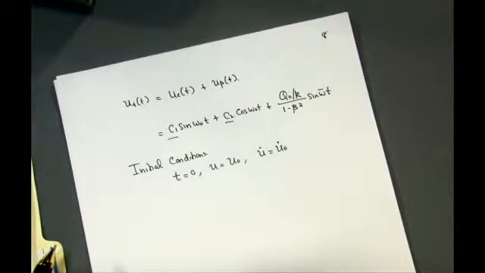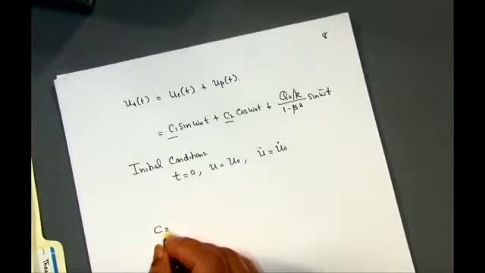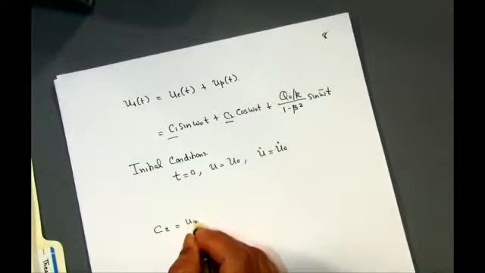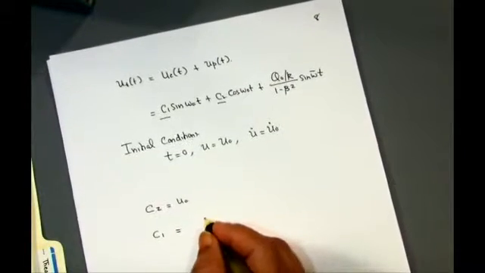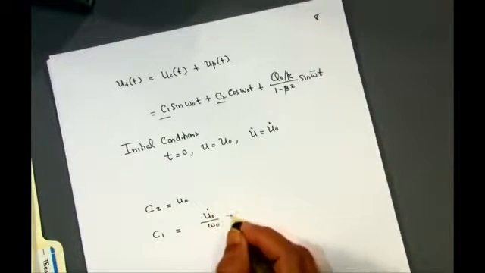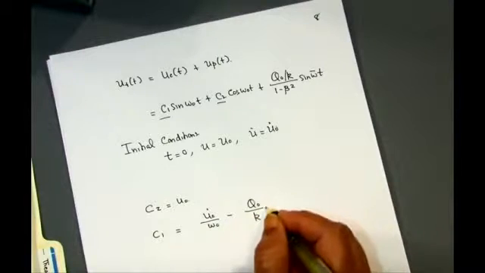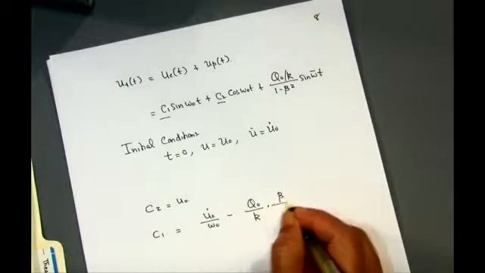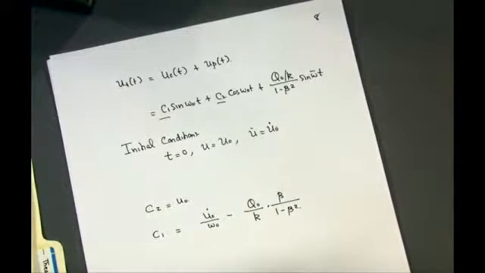I am assuming you are going to do that, and you will find that, and here are the results: C2 is equal to u 0 and C1 is going to be a rather long form, which will be u 0 dot over omega 0 minus q 0 divided by k multiplied by beta over 1 minus beta square.